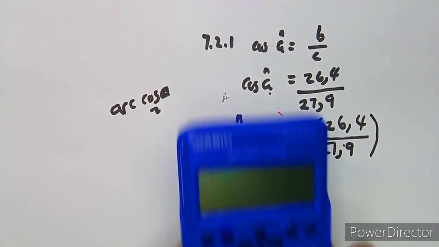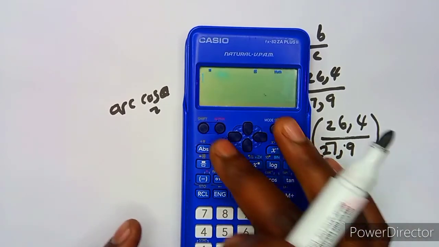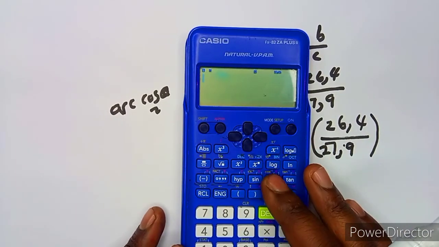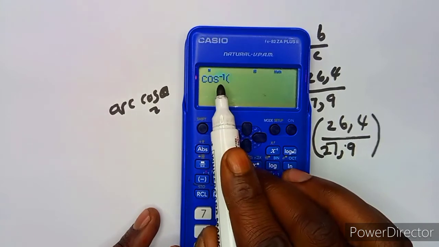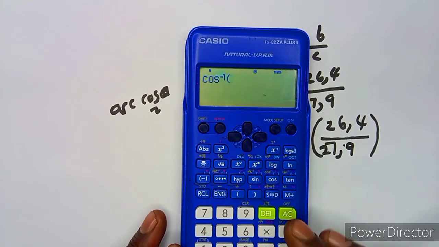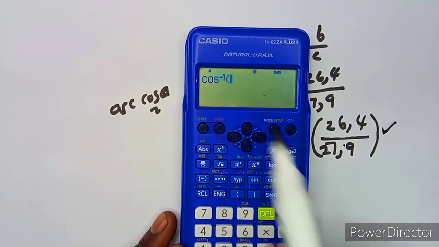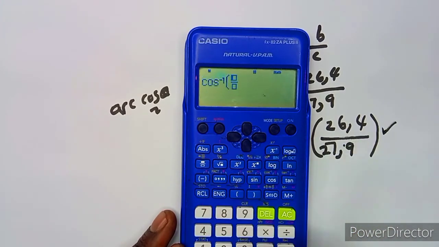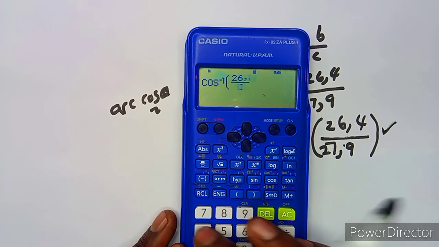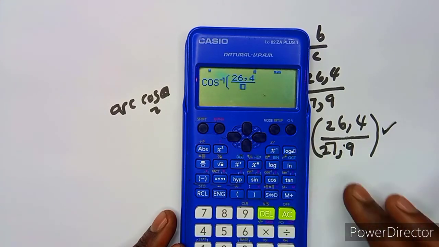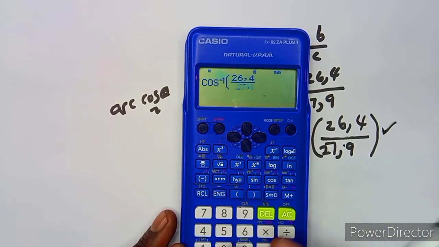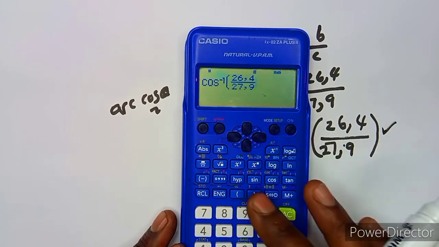It's just shift cos from your calculator. As you can see, there is a minus there, so that is shift cos. You write this value as it is. The bracket is already open, so just put a fraction there and write 26,4. You move downwards and write 27,9. Then you close the bracket.